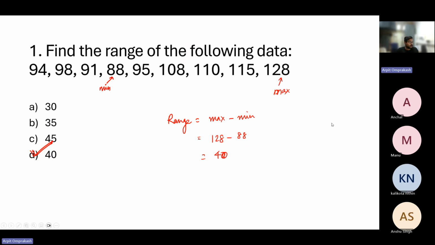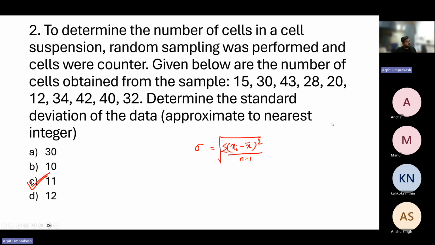Questions 2 and 3, sorry. Question number 2 is to determine the number of cells in a cell suspension. Random sampling was performed. Given below are the number of cells obtained, determine the standard deviation. Here we know that the formula for standard deviation is the square root of the sum of (xi minus x bar) whole square divided by n minus 1.